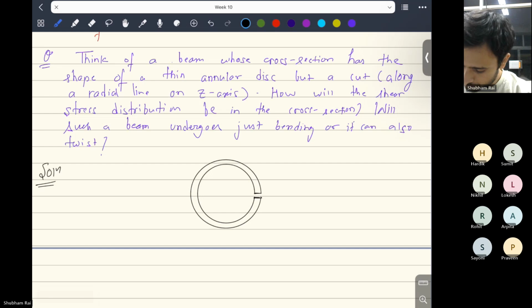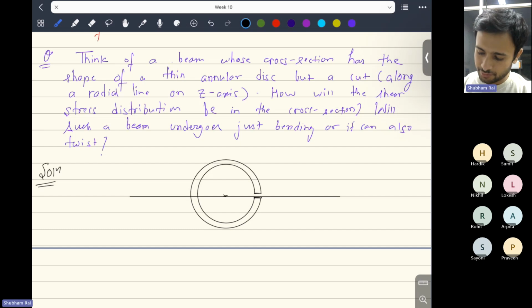And this will be the axis. And this will be the line of symmetry, you can see. The shear stress distribution, let's say, will start from here and go in this direction.